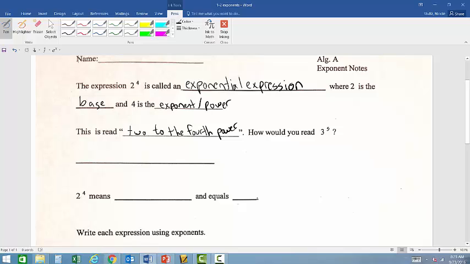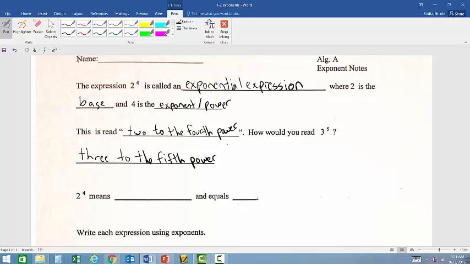So if I have 3 with a 5 above it, that's pronounced 3 to the 5th power. So make sure that we know how to pronounce them correctly. That's really important.